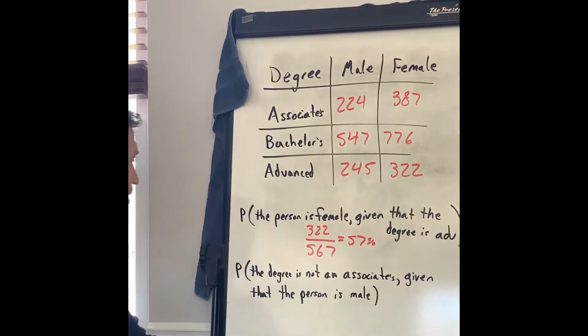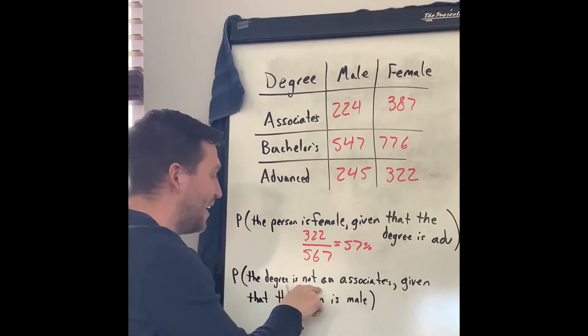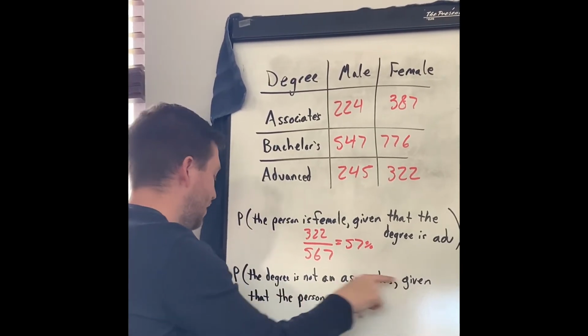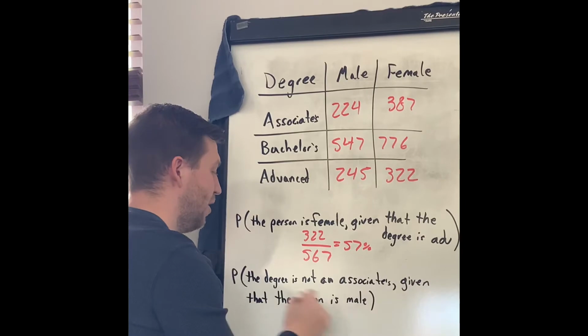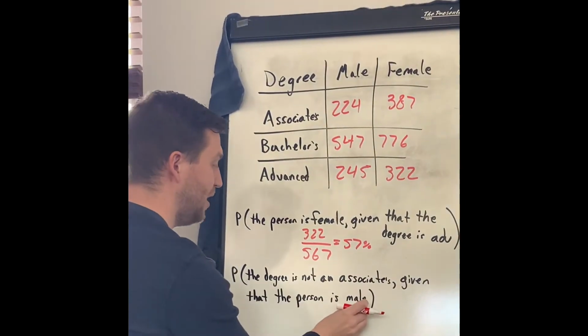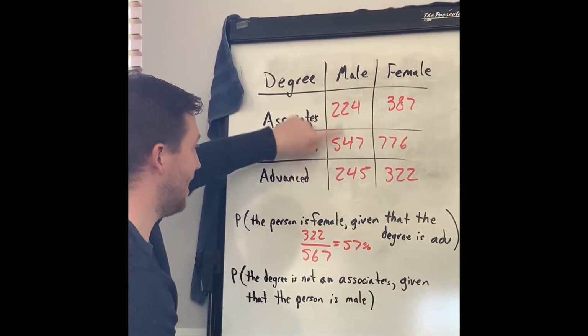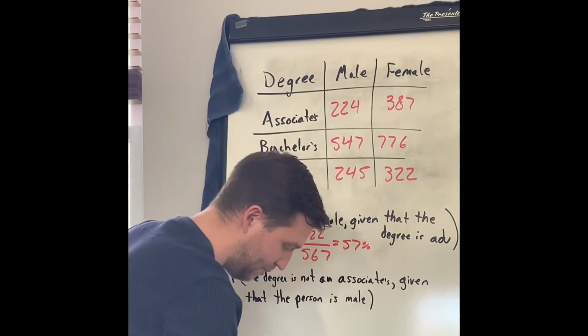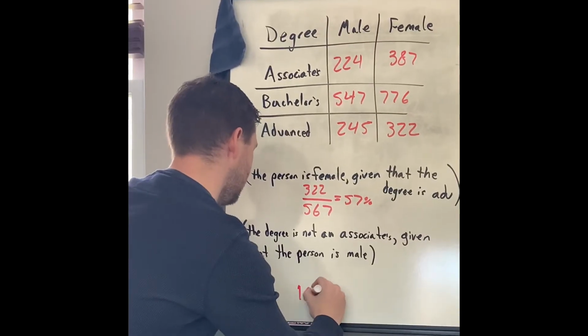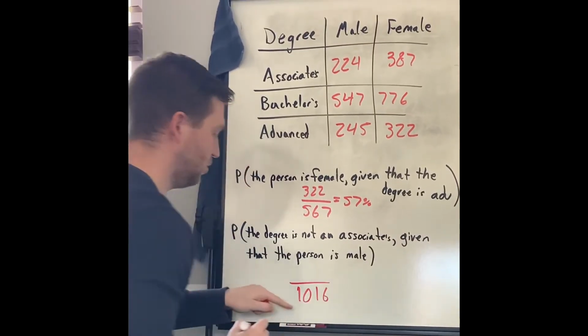And our last one, the degree is not an associate's, given that the person is a male. Our total is going to be the males, which is this side. I think from earlier we added that up. That would be out of 1,016. Still see that?